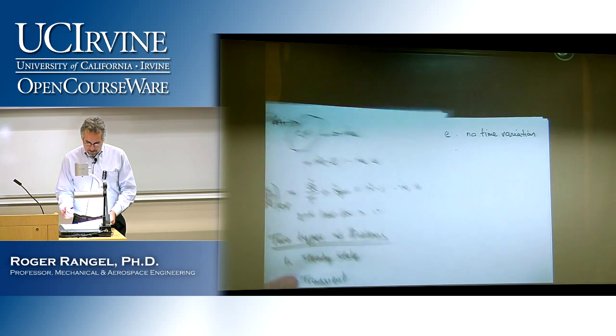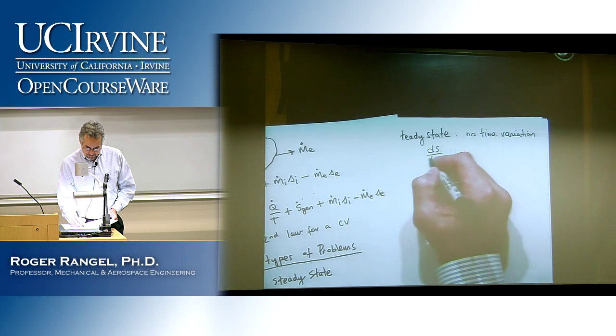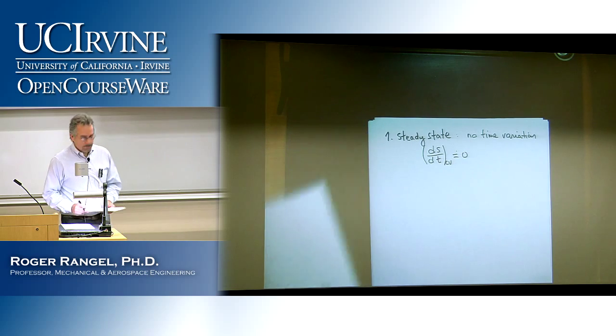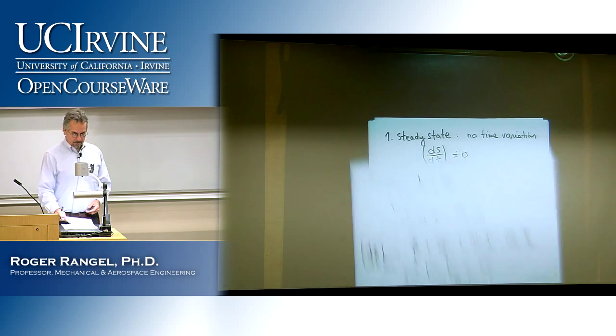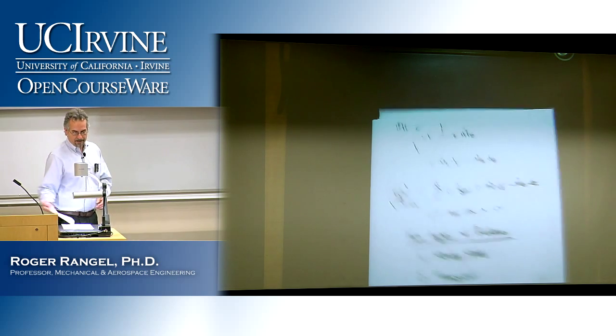So if I look at this equation, then of course I can say that dS/dt in the control volume is 0. So if I take this equation, I just write it again with a 0 on the left-hand side.